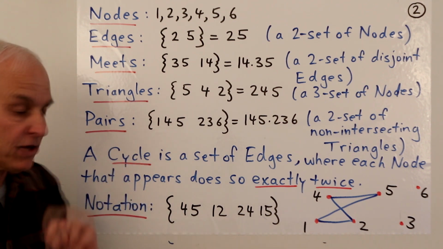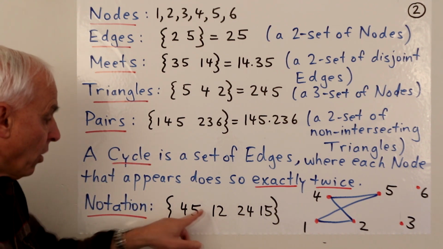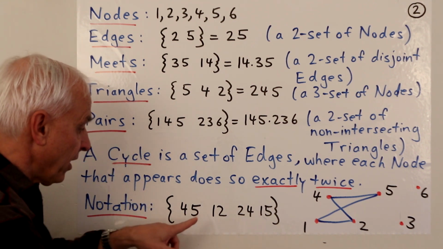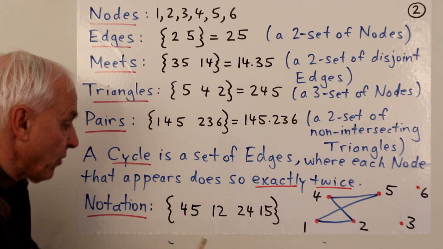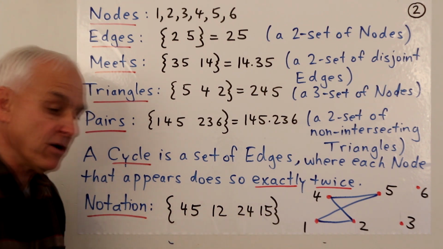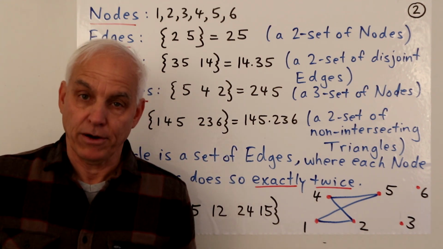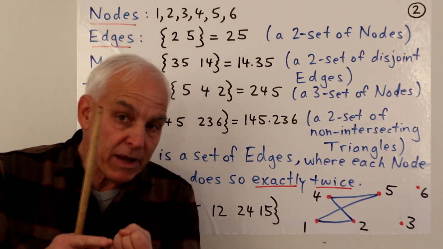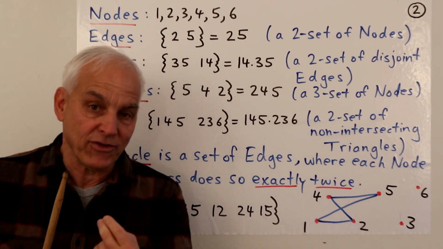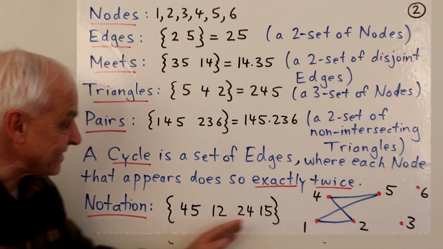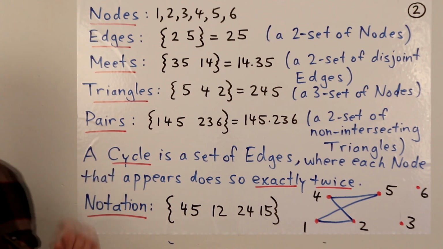So it appears exactly twice. The node 1 appears exactly twice. The node 2 appears exactly twice. The node 5 appears exactly twice. And the nodes 3 and 6 don't appear. So the nodes that do appear, appear exactly twice. That's what makes this set of edges a Cycle.